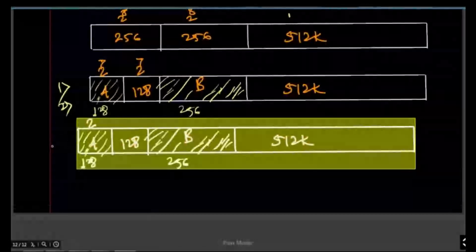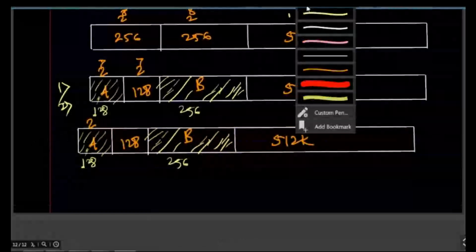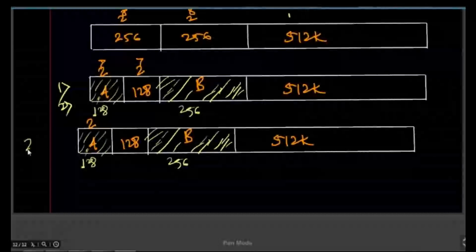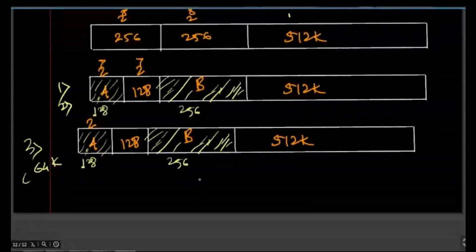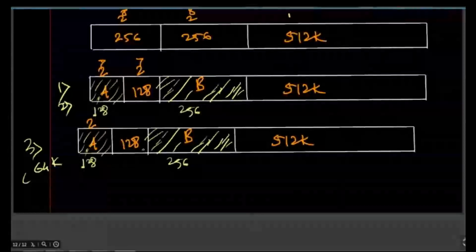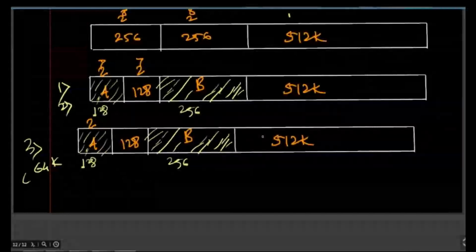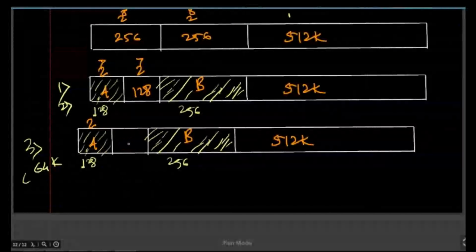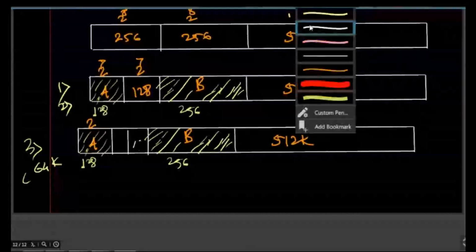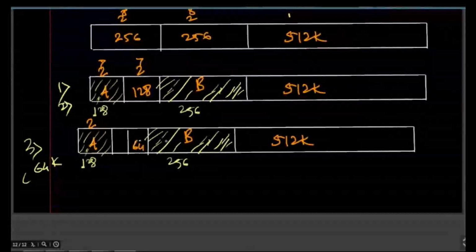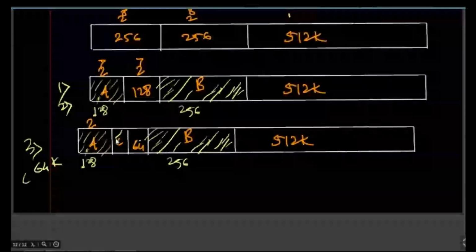Third request is 64K, request C. Now here you can allocate this. You can divide this further, but the smallest division available here is 128, which you can divide into two smaller groups. So this 128 will be divided into two parts of 64 and 64 each. So this will be 64K, and this we will give to process C of size 64.